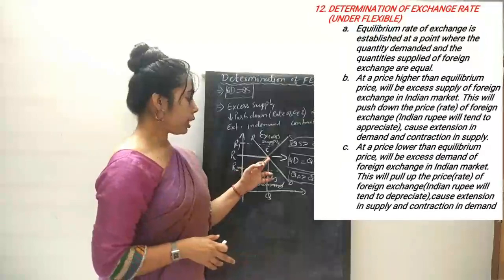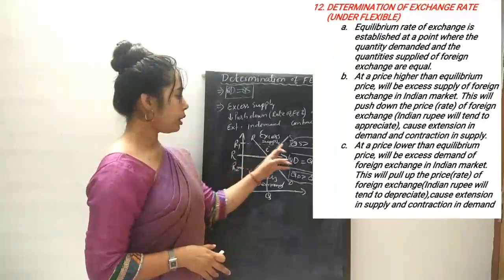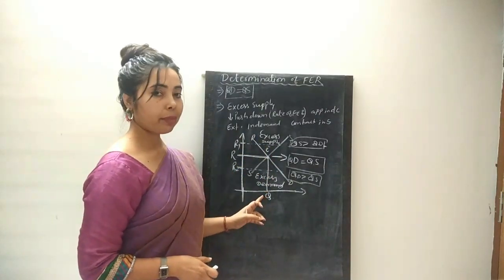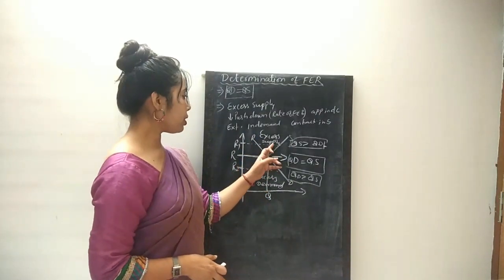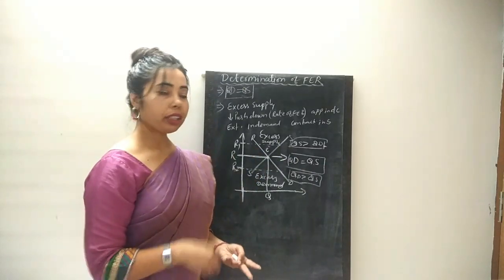But if the condition is opposite, if the rate of exchange is more, there will be an opposite scenario. Either there will be excess supply or excess demand. If there is excess supply, what happens to bring it down to the equilibrium point?